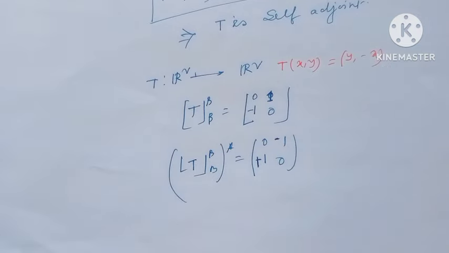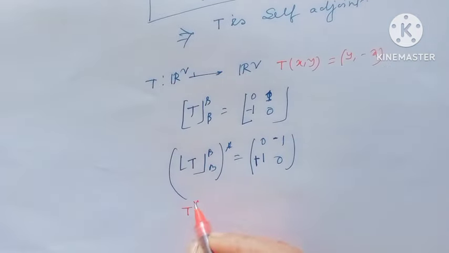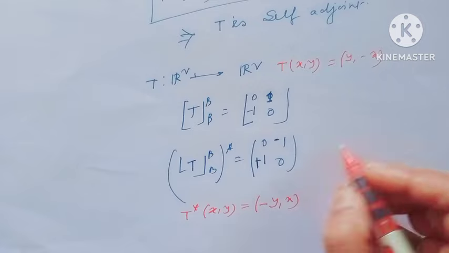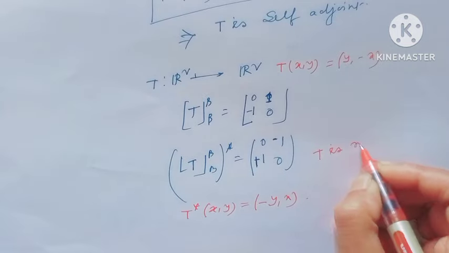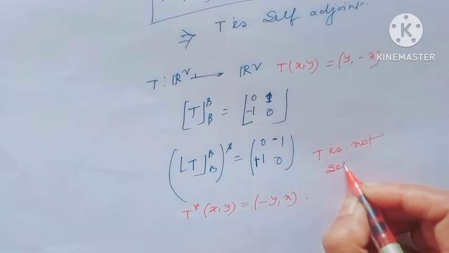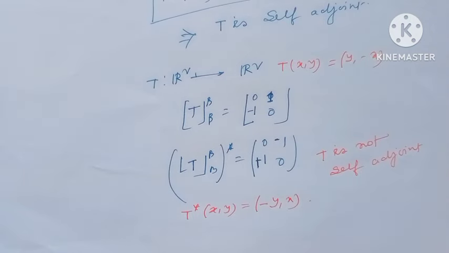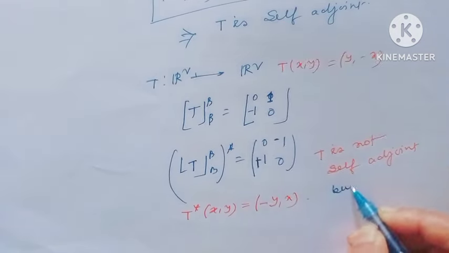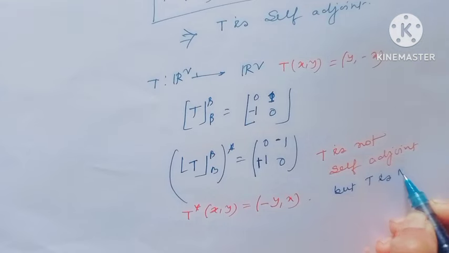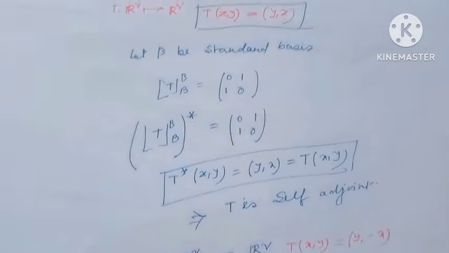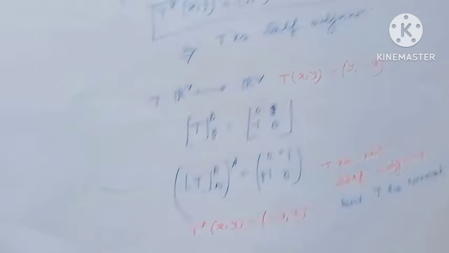That means T star (x,y) equals (minus y, x). So T is not self-adjoint, but obviously T is normal.